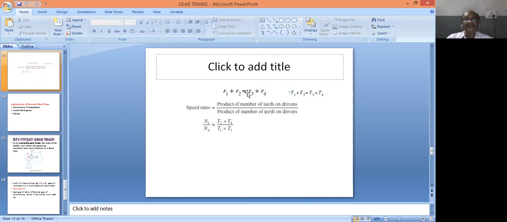So we can rewrite the radius equation in terms of number of teeth: T1 plus T2 equal to T3 plus T4. Again, the speed ratio N1 by N4, that is, the speed of the first driver to the speed of the last follower, equals the product of the number of teeth on driven gears, T2 into T4, divided by the product of the number of teeth on driver gears, T1 into T3.